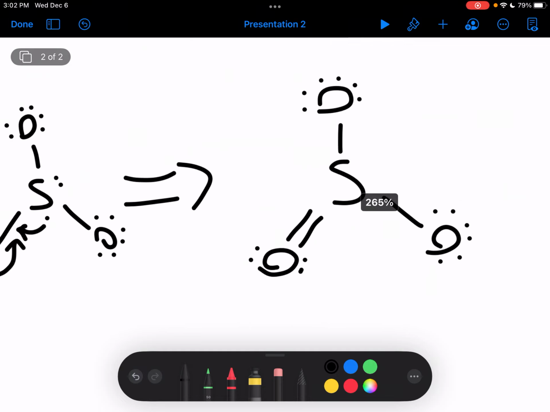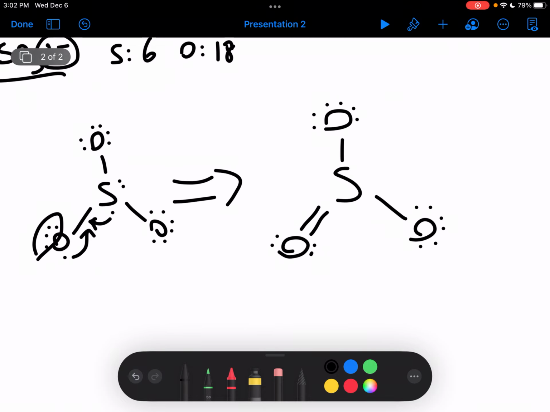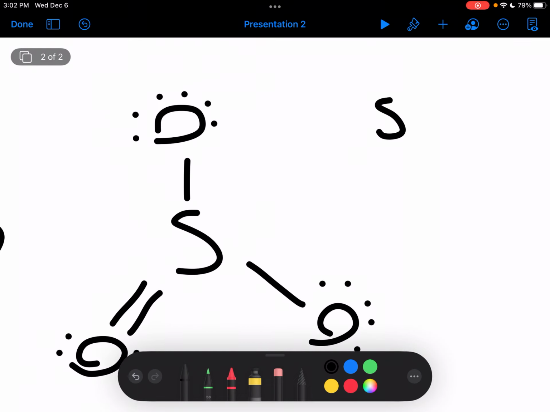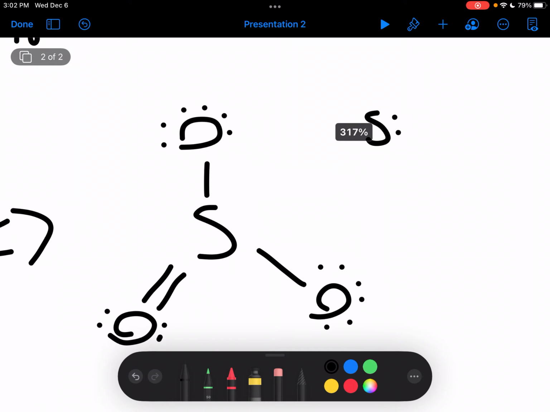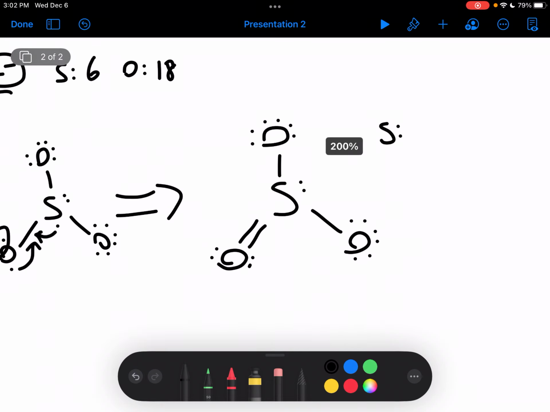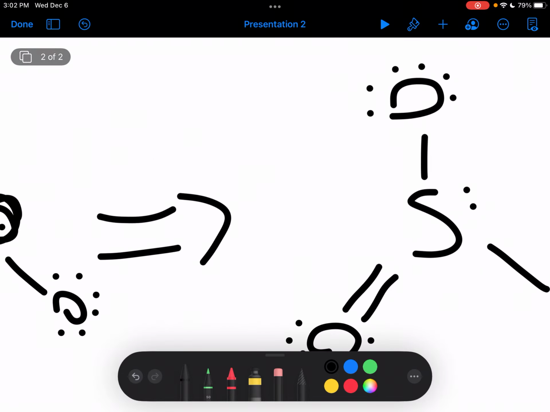And now, in order to understand if our model is proper, what we can do is calculate sulfur's bonds and valence electrons combined. I forgot to add those 2 valence electrons right there, because these 2 valence electrons, nothing happens to them.